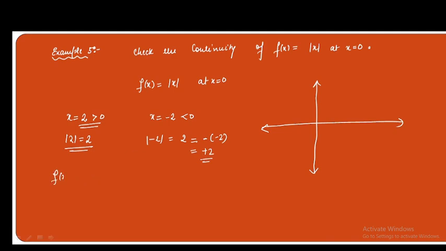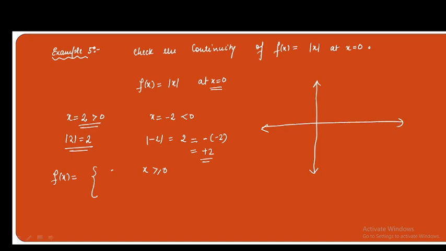So if I write the function piecewise, how will I write? I am breaking it at x equal to 0, because I have to check its continuity at x equal to 0. So here x is greater than equal to 0, means x is a positive number including 0.